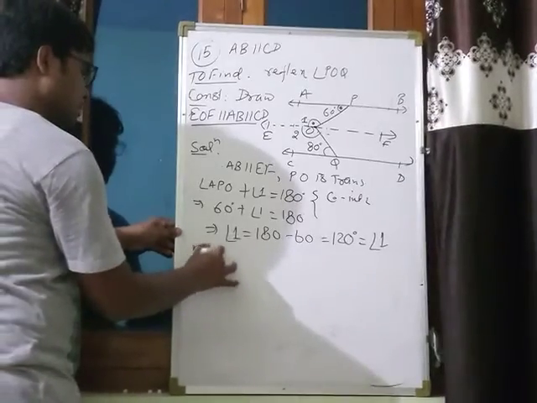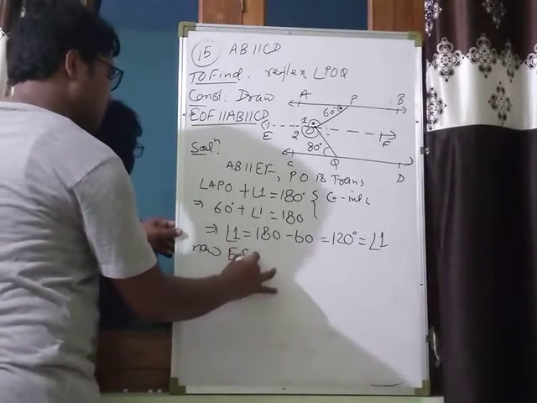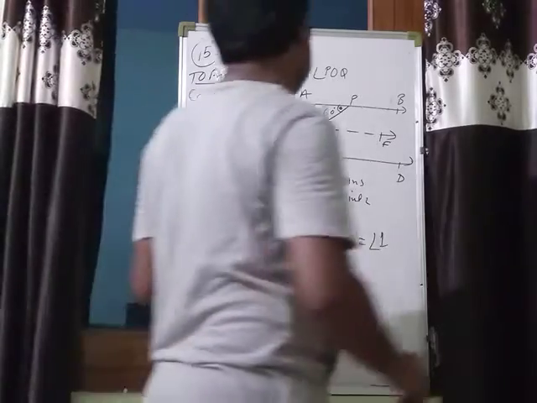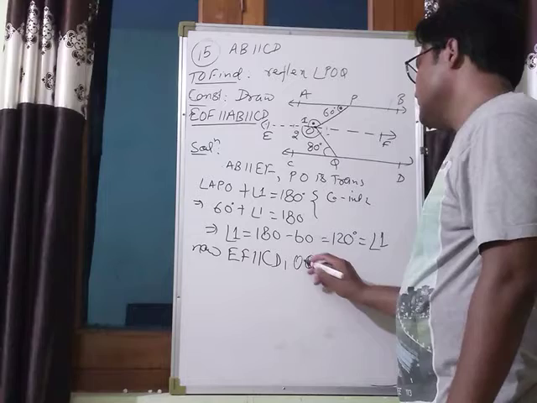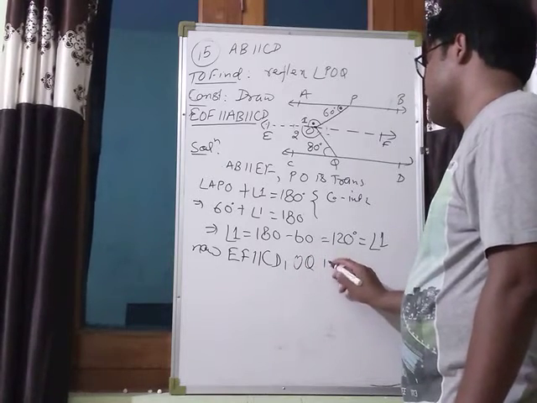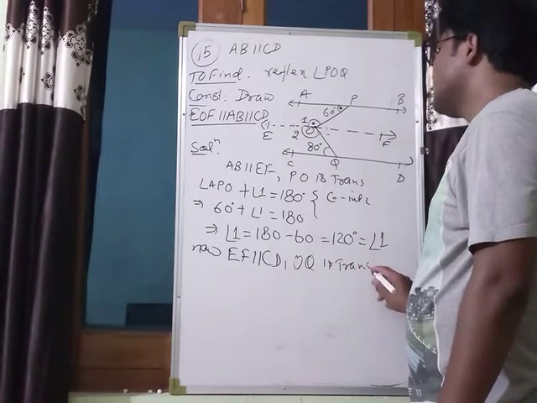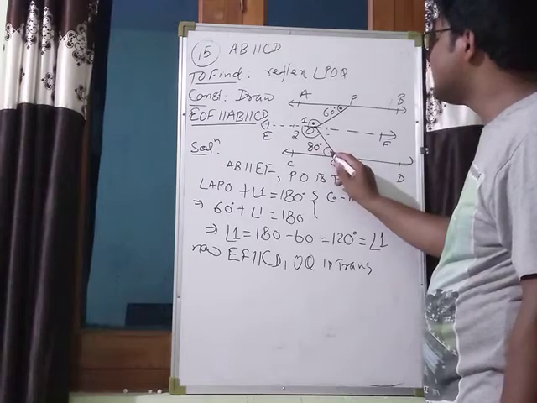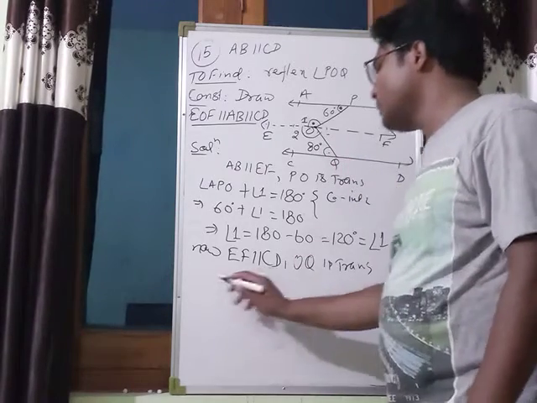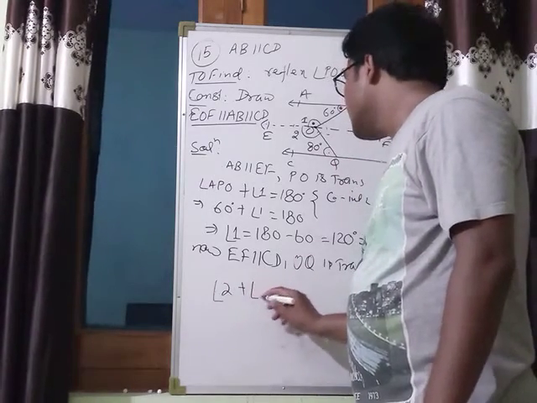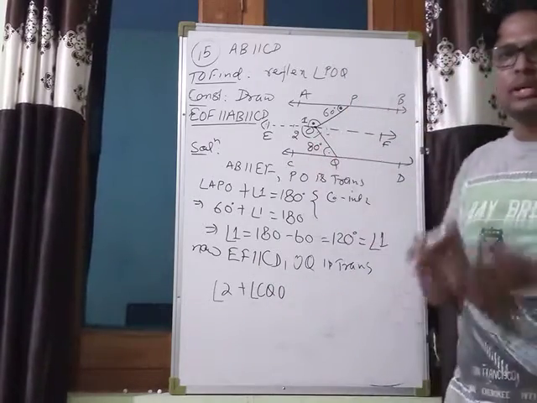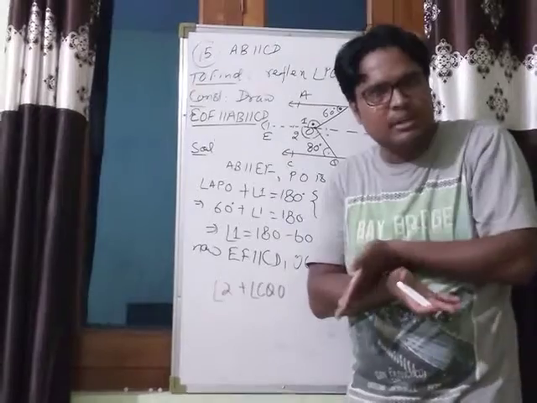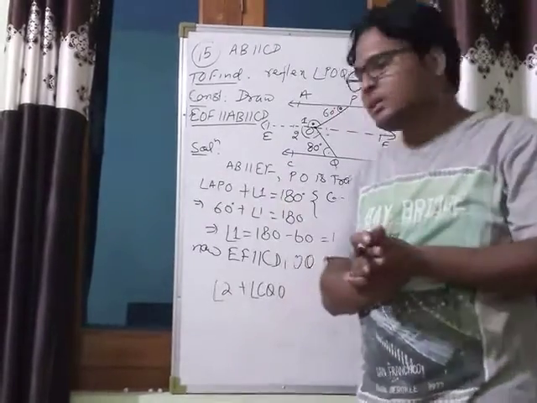Now EF is parallel to CD and this OQ is transversal. So this angle 2 and angle CQO, angle 2 plus angle CQO, form co-interior angles, and we know that if lines are parallel intersected by a transversal, then co-interior angles are supplementary.